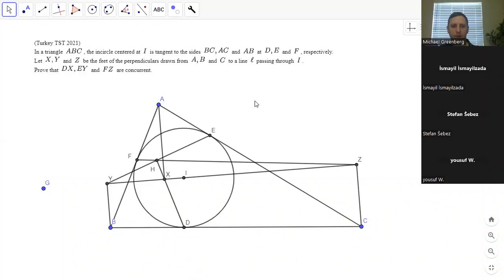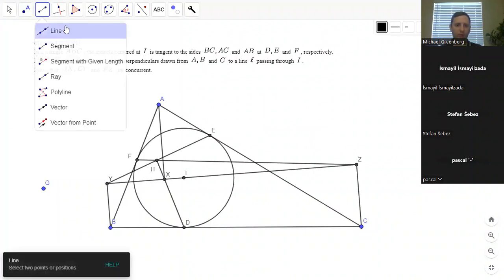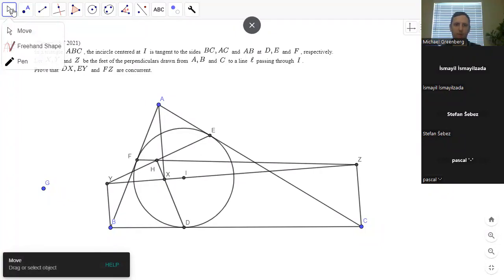So maybe Desargues' theorem. Although let's think about that. So I think the idea of the orthopole, I forget exactly what it says.